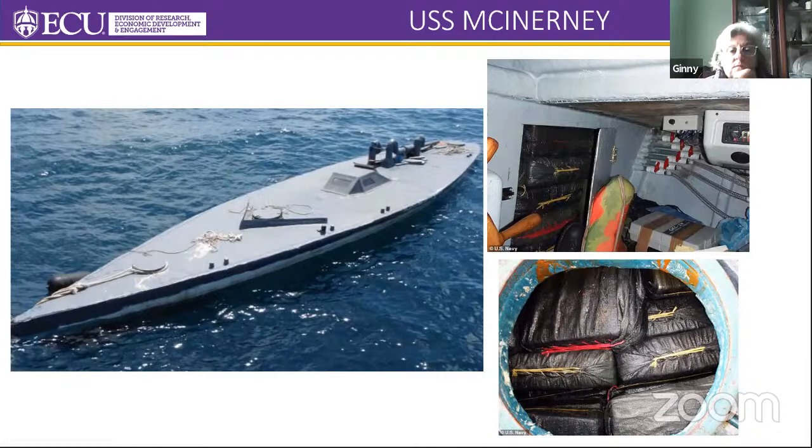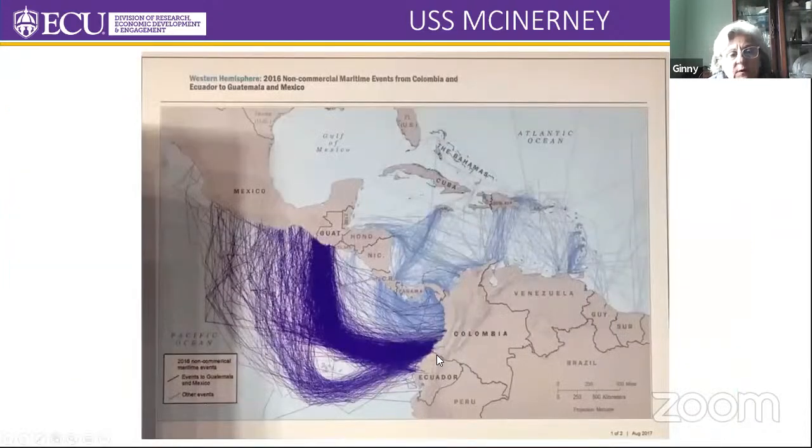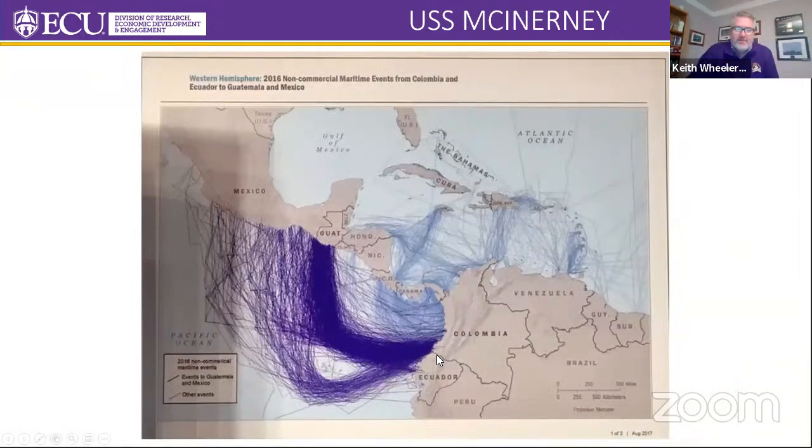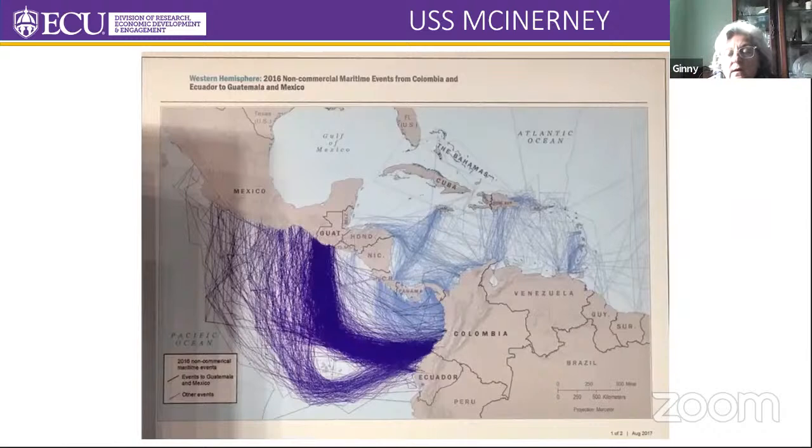What's your distance between the picture before where it was running from Guatemala to Honduras? So that one, I can't show you the exact track, but it's dark purple. I can see it. How many miles?